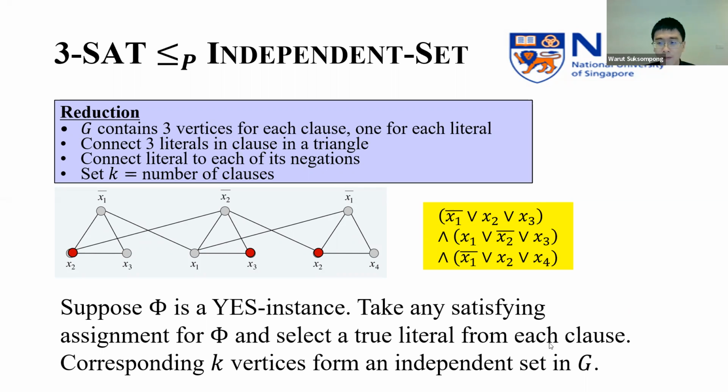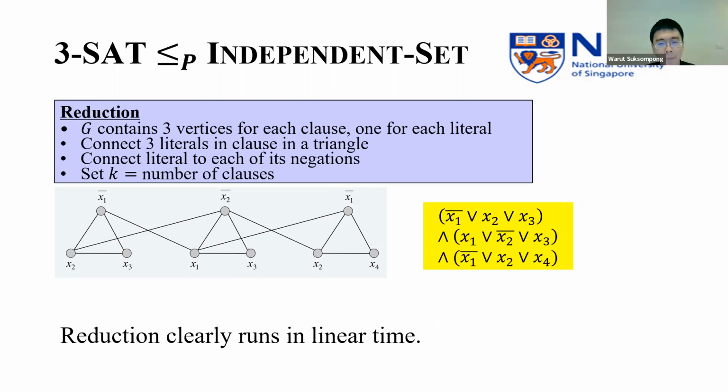You're asking if we need to connect x1 to x1 bar and x1 bar back to x1, right? So it could be that there's a lot of x1s and lots of x1 bars. Yeah, that's a good point actually. So maybe we should have written linear. Let's say polynomial. I would say it would be quadratic indeed.